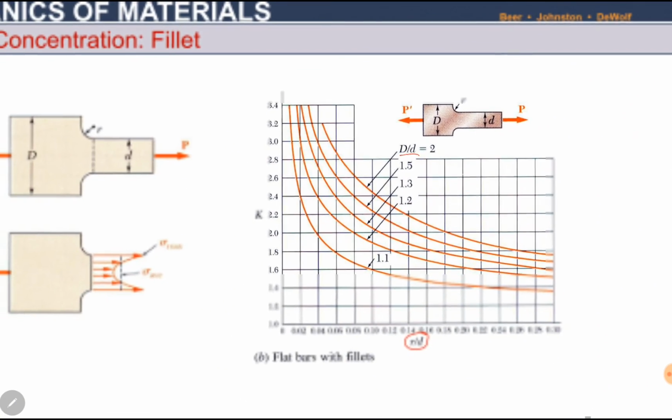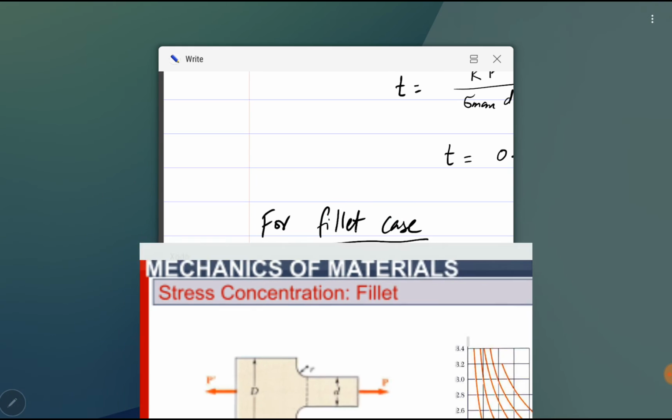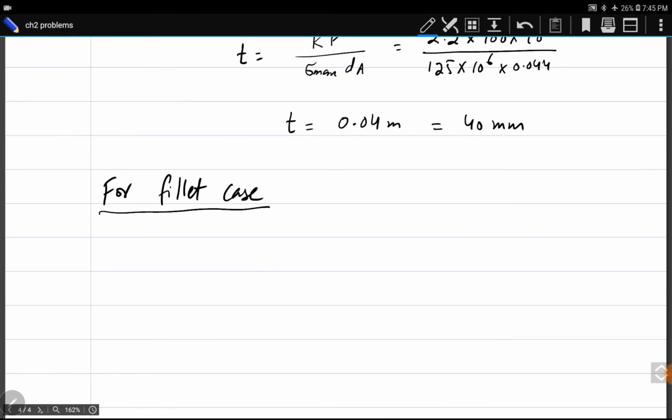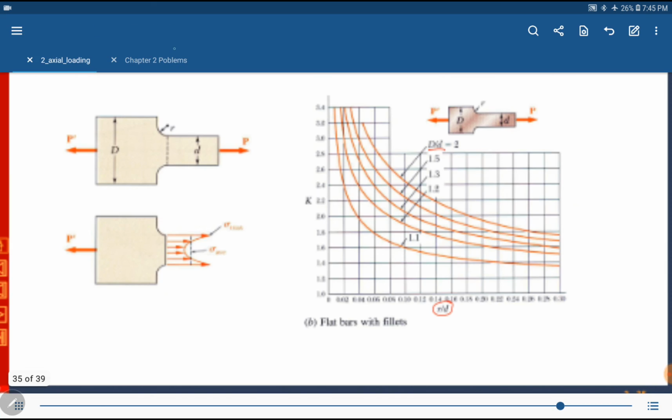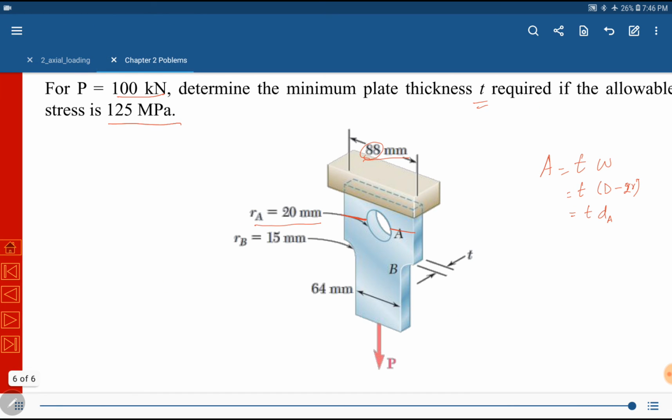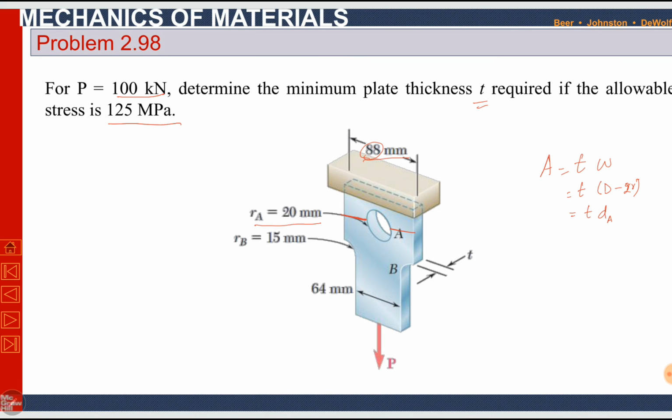So in our problem, first we have to define what is small d, what is capital D. Capital D is 88 mm. I will show you here. Capital D is 88 mm. Small d is this one, 64 mm. And r is rB, which is 15 mm.